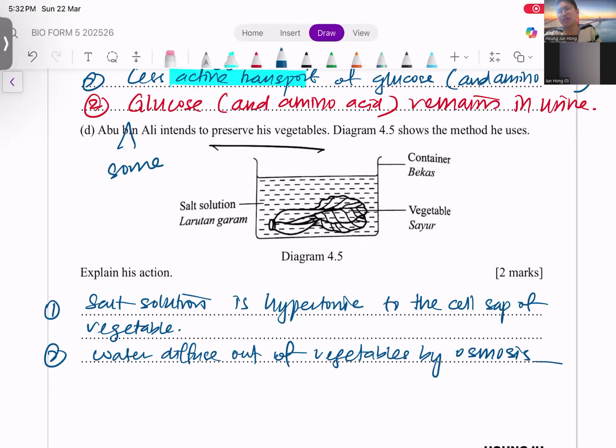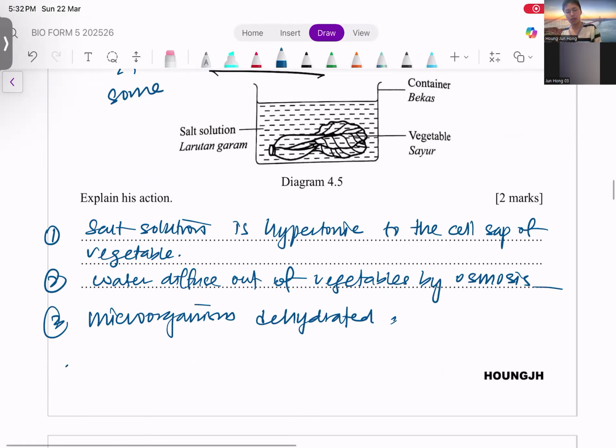This is again a very standard kind of question. They give you the solution, give you the cell, just talk about hypertonic. Then what happens after that? Why do you think you need to make the water come out? Because you want to dehydrate the microorganism. So the microorganism will be dehydrated, so they cannot grow.